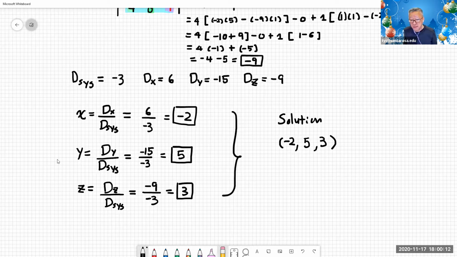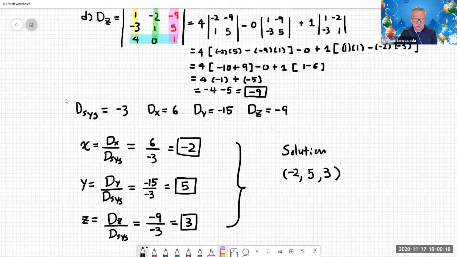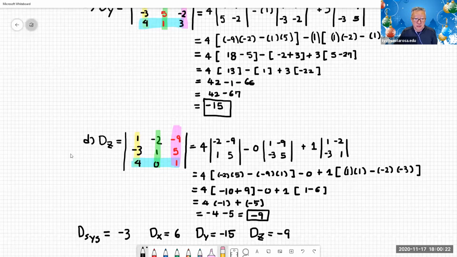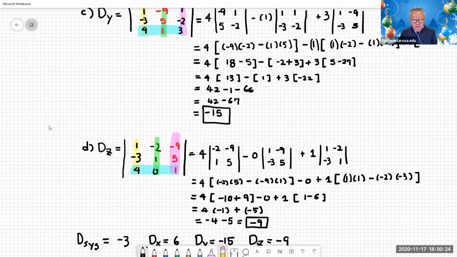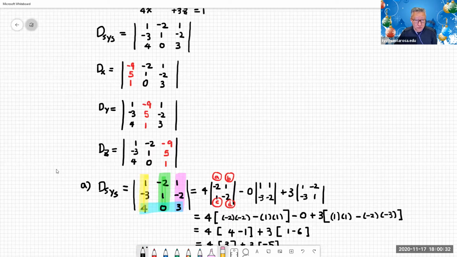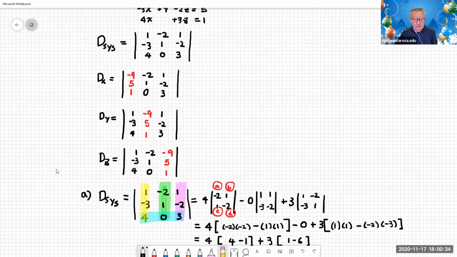So if you go back and look through what we did here, the bulk of work is going to be done trying to find out what the determinant is for the system and x and y and z. So a couple of things that we have to remember: you're going to have to set up the determinant correctly. That's going to be the first thing.